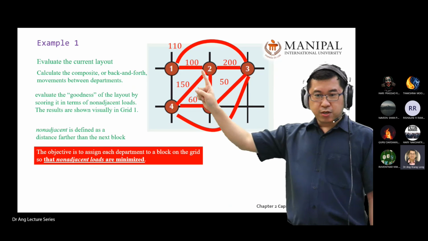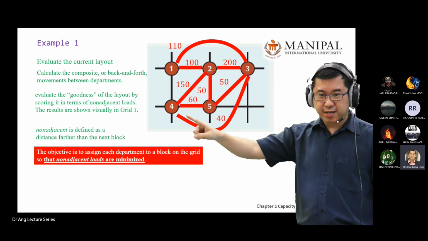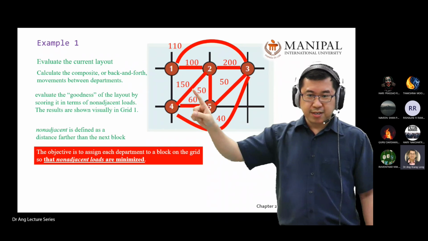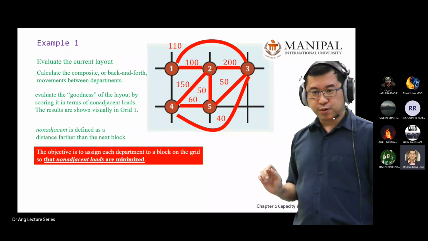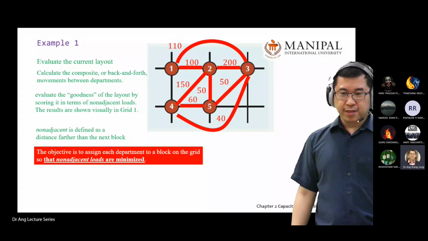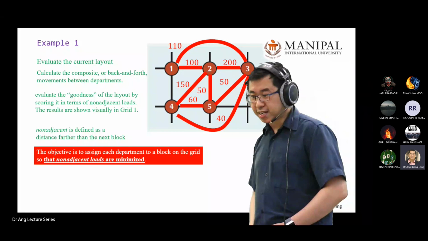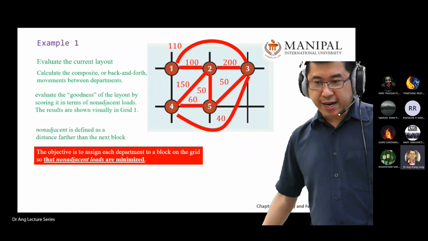The adjacent movements you can make are diagonal, up and down. These are the movements that you are allowed to do. Think about it. How do you fix the non-adjacent? We discuss in the coming class. Okay, with this, I end my recording.